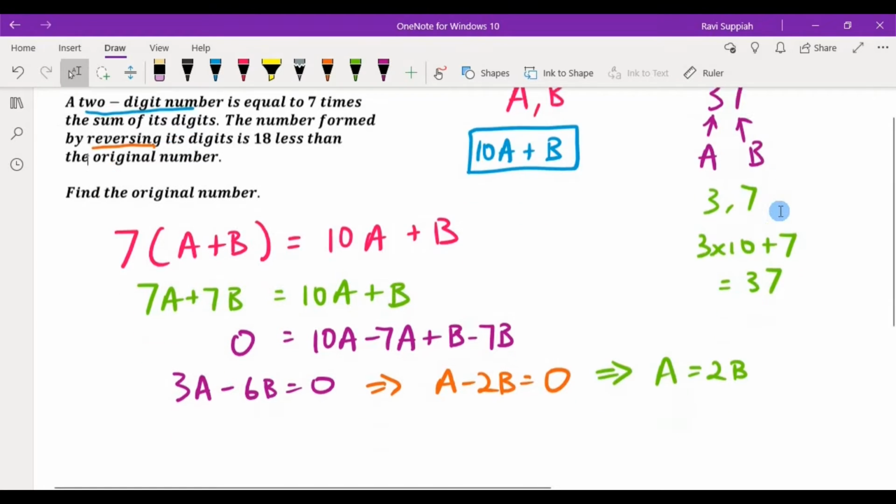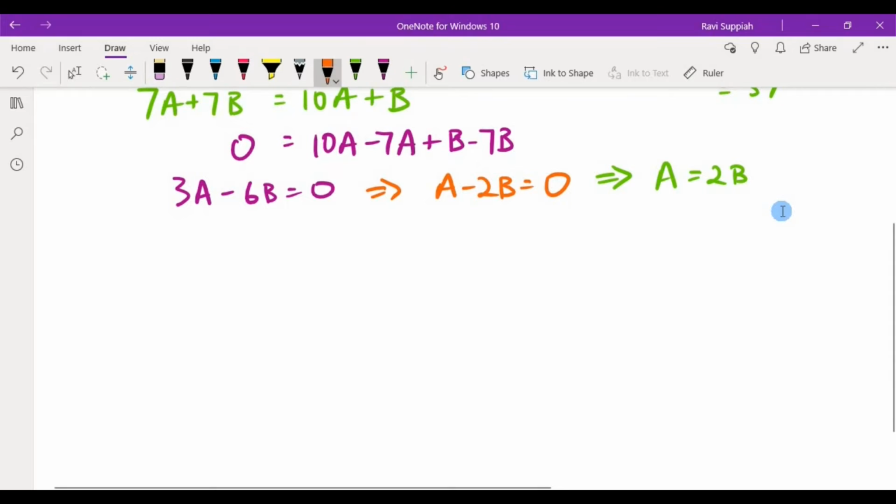Instead of AB, I write BA. In the same way as before, B is in the tens position and A is in the ones position, so the number is 10B plus A.